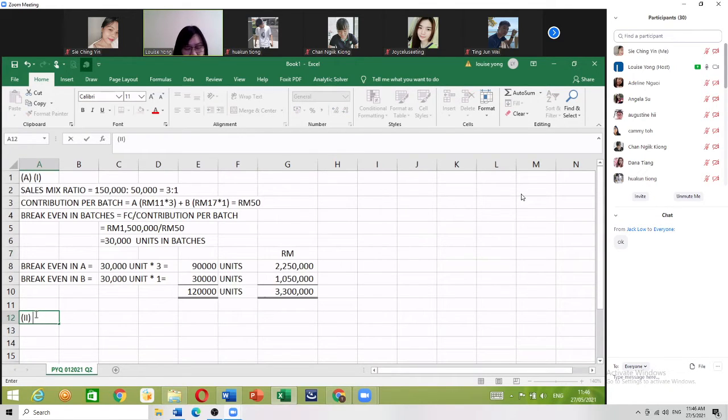So now the second one, they ask what is your PV ratio. For A, what is your PV ratio formula? You use your contribution per unit divided by your selling price.